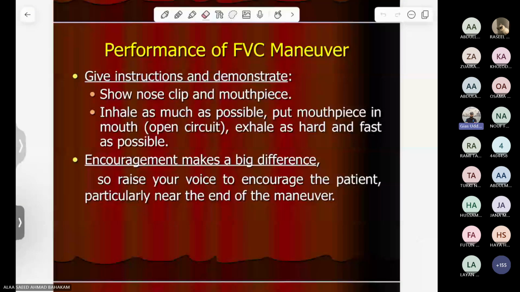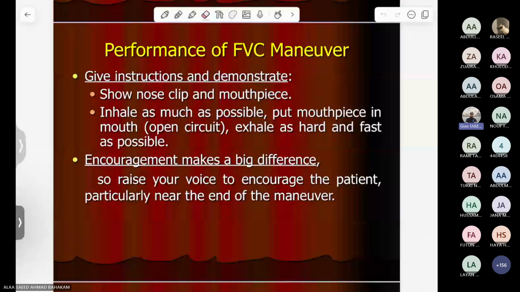Performance of the FVC maneuver. What is FVC? FVC is the forced vital capacity. How do we do this? There is a nose clip and mouthpiece. We'll tell the patient, inhale as much as possible. He will inhale the air as much as possible, put the mouthpiece in the mouth, and exhale as hard and as fast as possible through the mouth.